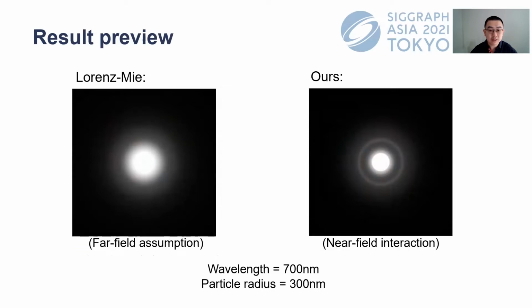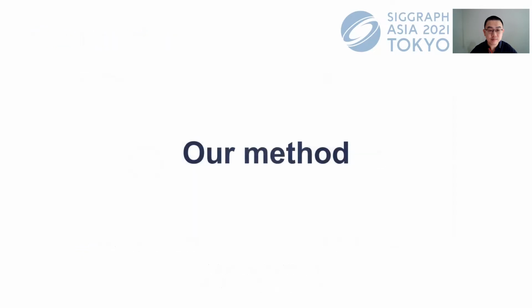The result on the left is obtained using a conventional single particle setting, which only considers the far-field scattering. For the result on the right, we use identical particle counts per unit volume, but consider the near-field particle interference. They have very different visual appearances. Next, I will describe how our method works.